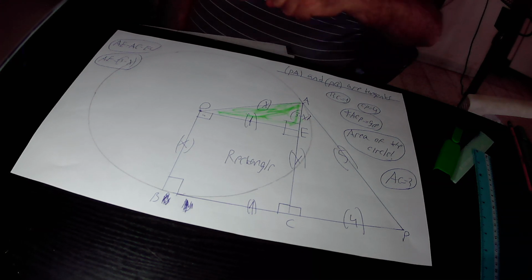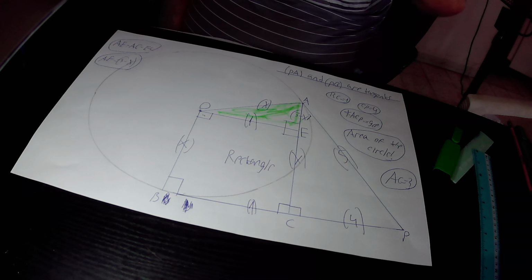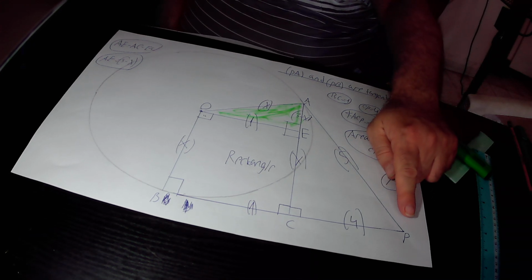So in the drawing we have a circle, and we also have this common point P.